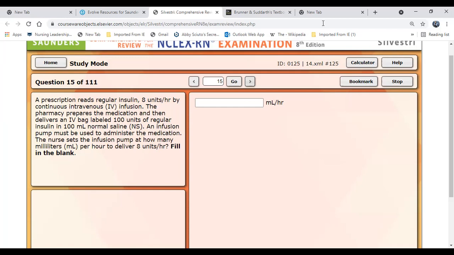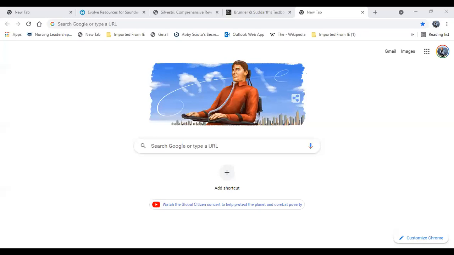I'm just going to pause for a minute and find some other questions for us to do here. Okay, here we have a question on reconstitution. The physician ordered kanamycin 200 milligrams IM.